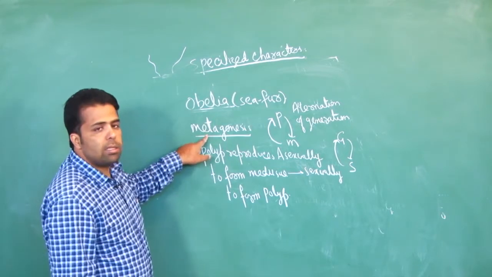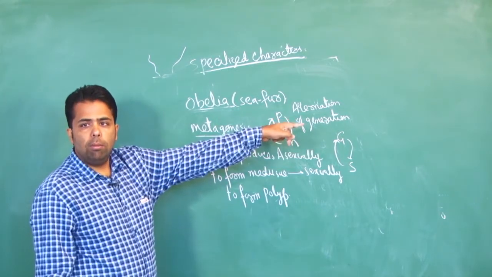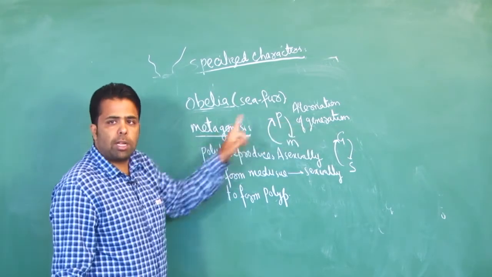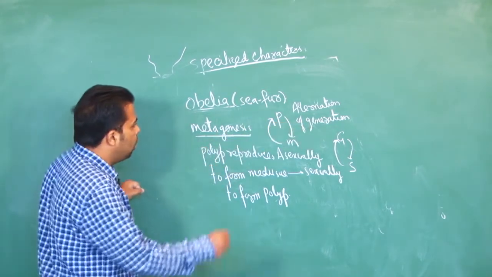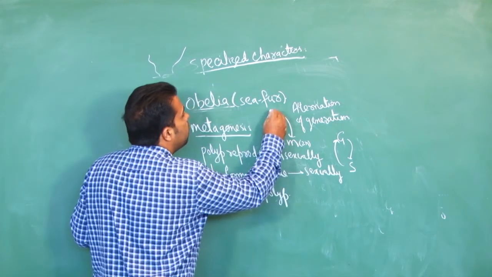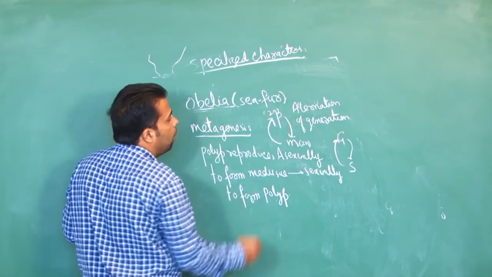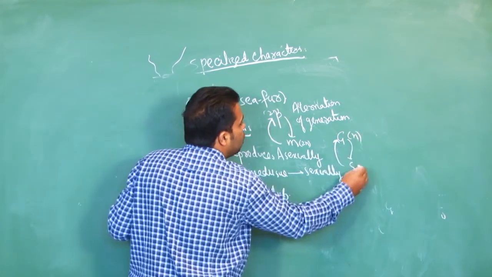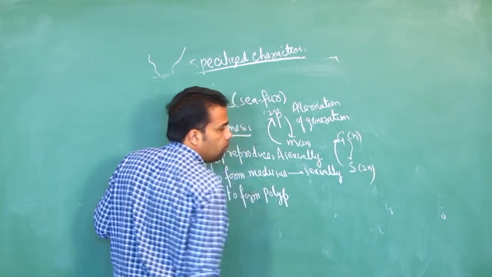Is metagenesis and alternation of generation same? No. We do not mix alternation of generation with metagenesis because here medusa is diploid, polyp is also diploid, but in alternation of generation gametophyte is always haploid and sporophyte is diploid.